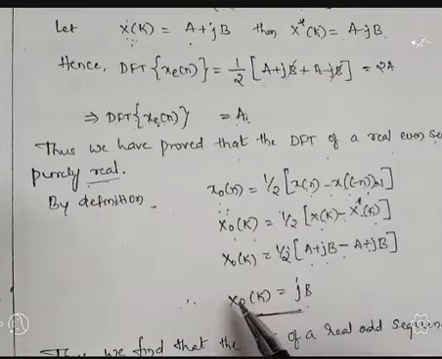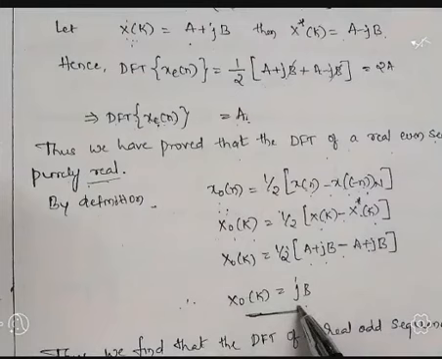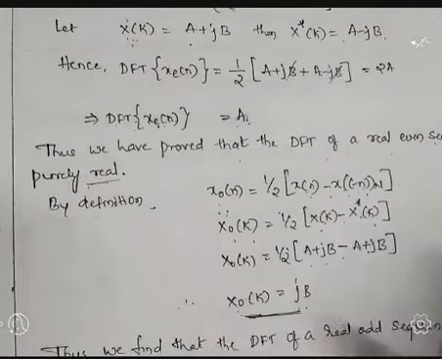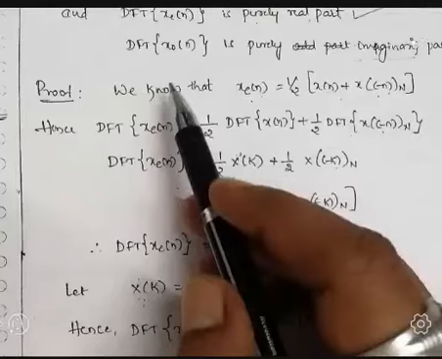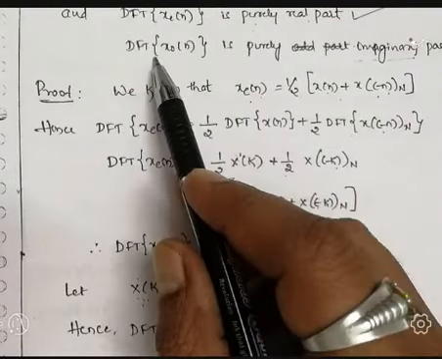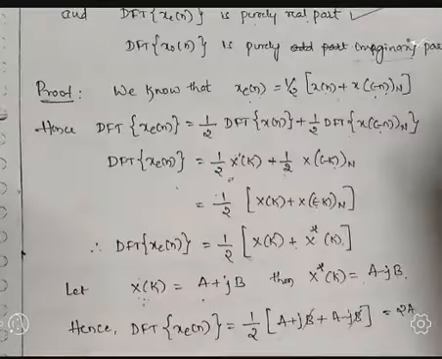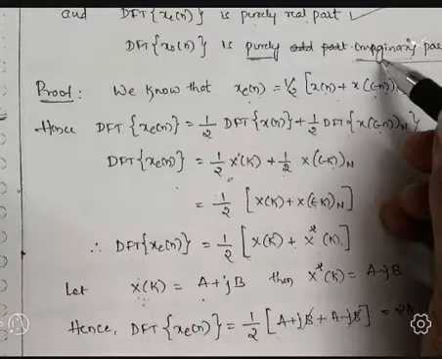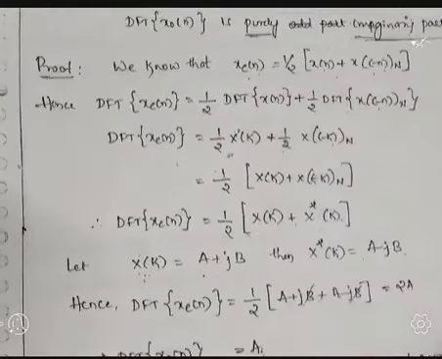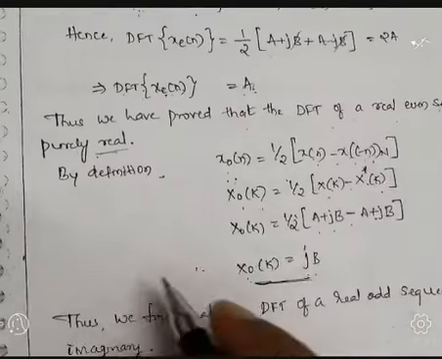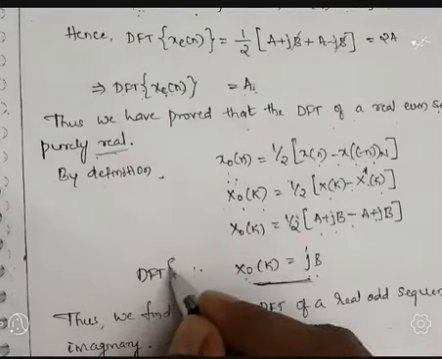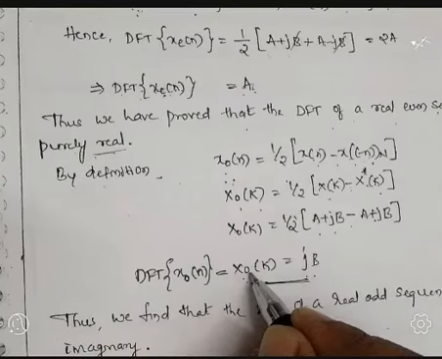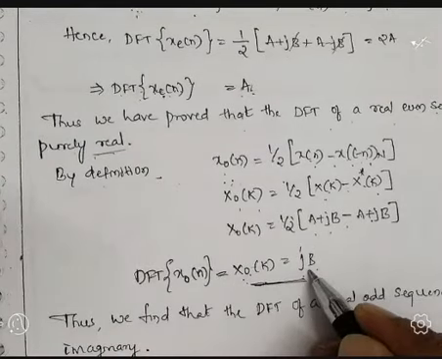So X o of k equals jb. What this indicates is that the DFT of x o of n, which we have to prove is purely imaginary, is X o of k, that is jb. jb is a purely imaginary term; there is no real part.